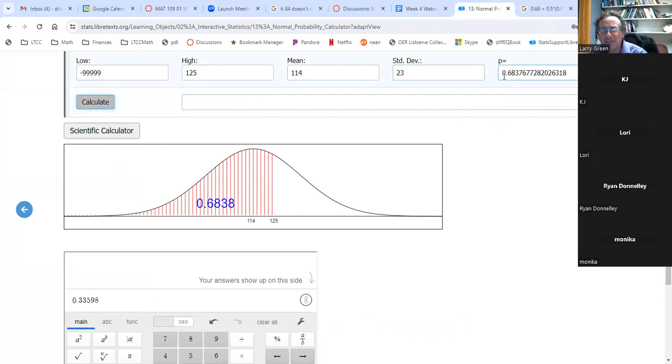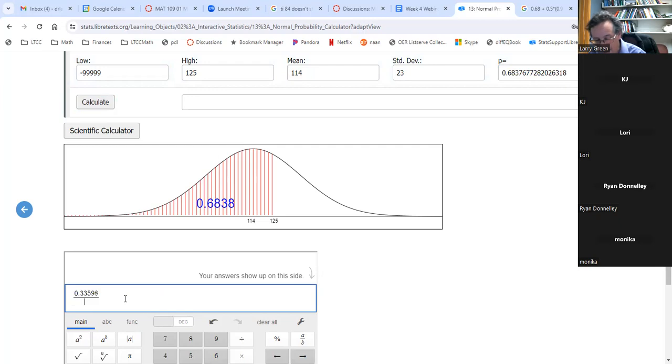And now I get 0.6837677. I'll just copy that into the calculator. I'm going to take the first one and divide it by the second one. Any questions? And I get about 49% chance. Did I lose anyone on that idea? Piece of cake, right? Not too bad.